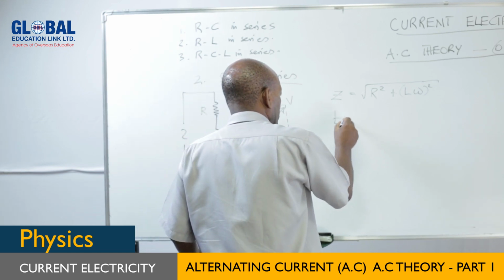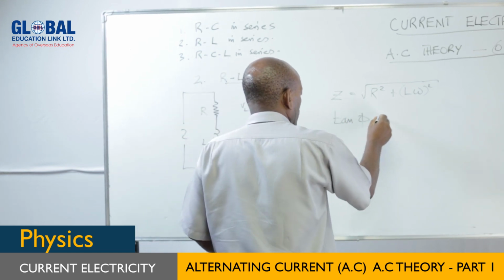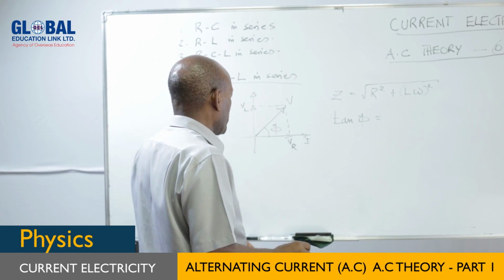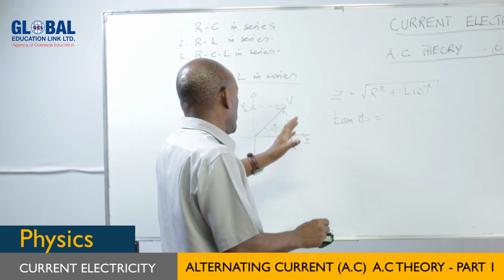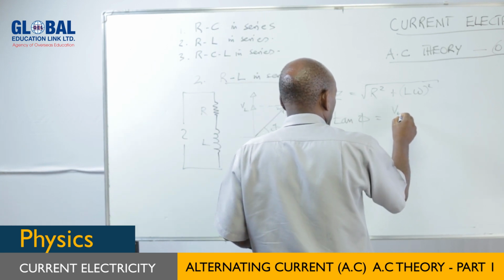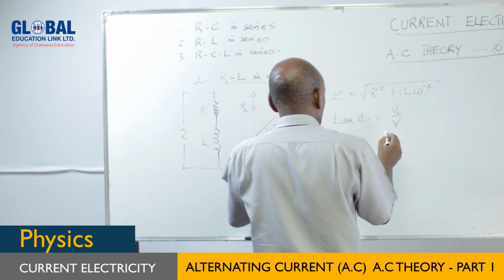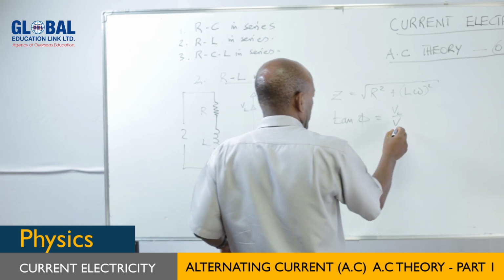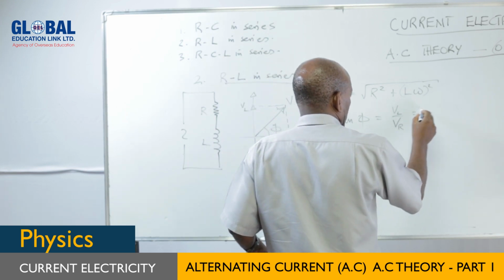And if we look at the tan of that particular angle phi, here you will be taking the voltage through an inductor over the voltage through a resistor, opposite over adjacent.